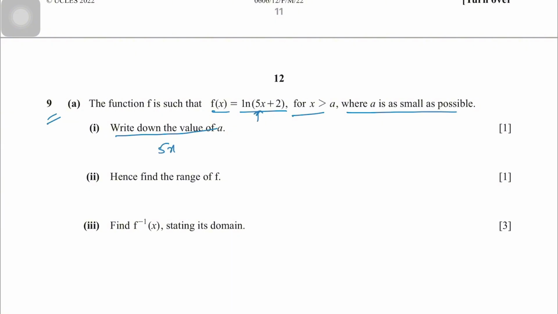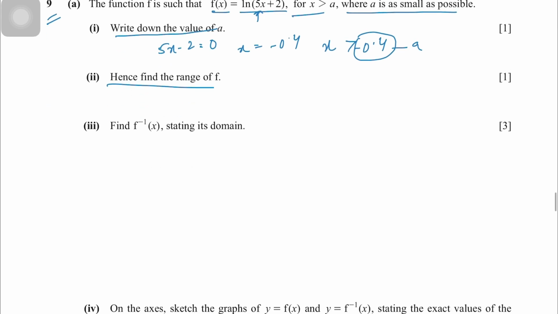So this would be 5x plus 2 equals 0, so x would be negative 0.4. x needs to be greater than negative 0.4. So this is basically our a. Hence find the range of f. The range of f will be simply all the real numbers, since it can be anything.